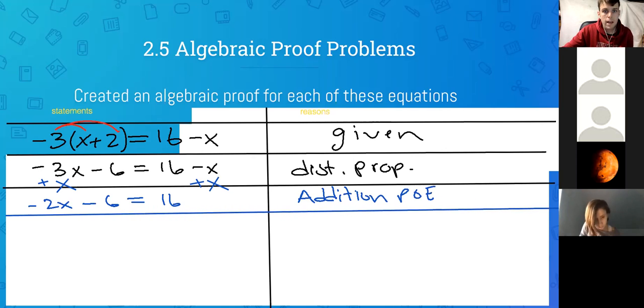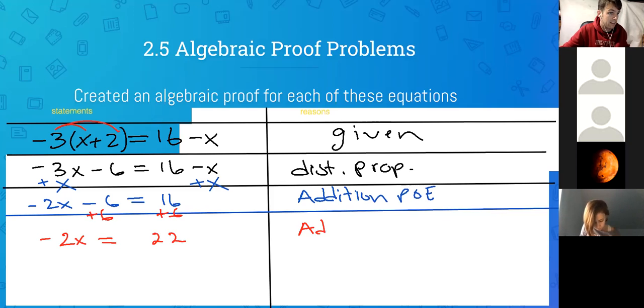Okay, now once I've done that step, I kind of am limited in terms of what I need to do because I want to get all my numbers over to the right. So I'm going to add 6, get rid of that. So that gives me negative 2x equals 22.